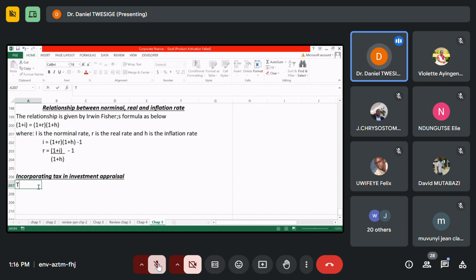So we can say that tax has two effects on the investment appraisal. That is, number one, corporate income tax or income tax.